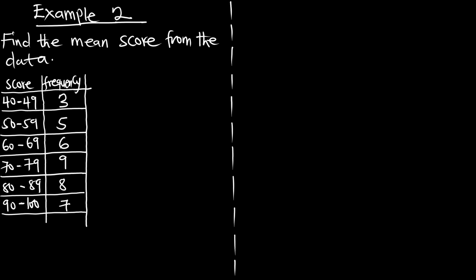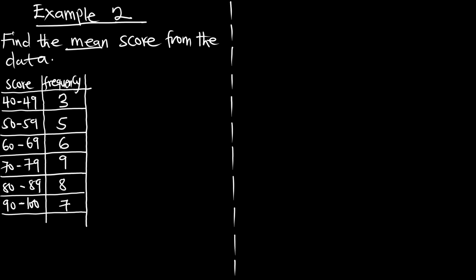So we have our data grouped from 40 to 49, 3; 50 to 59, 5; 60 to 69, 6; 70 to 79, 9; and 80 to 89, 8. We also have 90 to 100, 7, and we are to find the mean score, which is the average or the arithmetic mean.